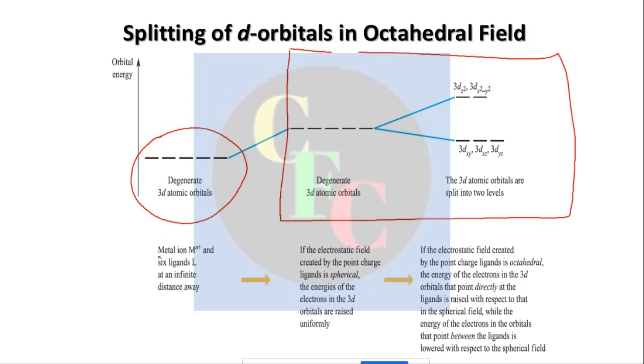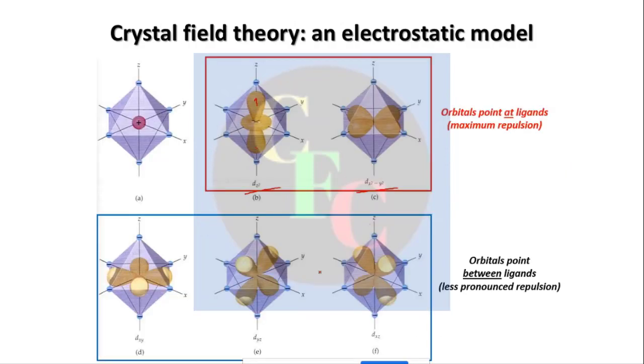This is the metal ion and the 6 ligands at an infinite distance away. That means the metal system and the 6 ligand system are separate, isolated. So this was the energy for the metal ion. Now when the 6 ligands were approaching, they had not approached completely, they were just approaching.